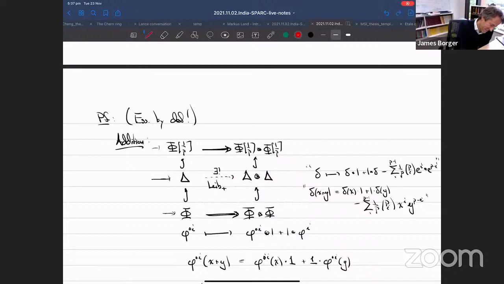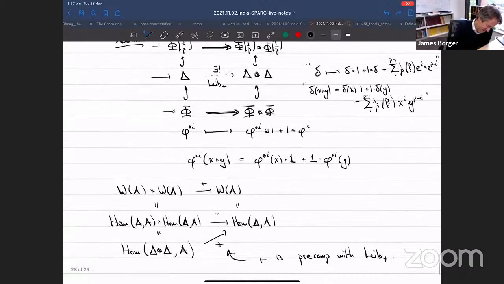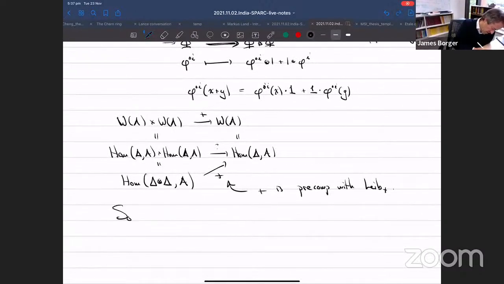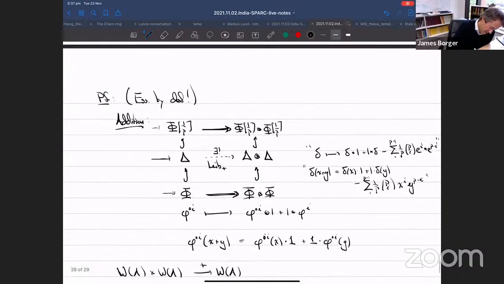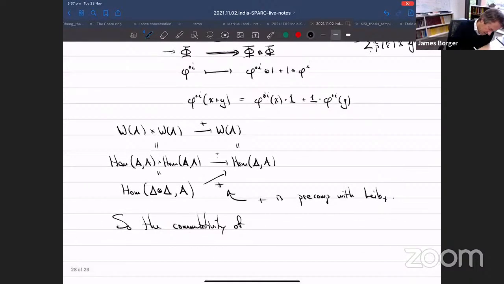So maybe I'll just say, the commutativity of star is equivalent to the map W being additive.